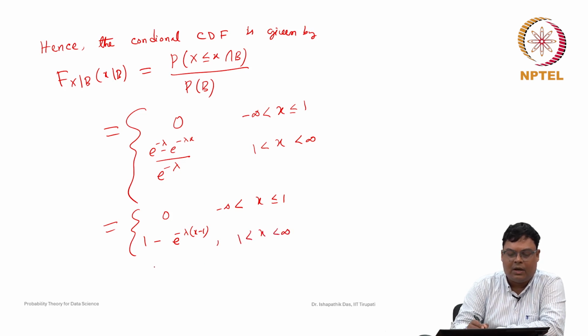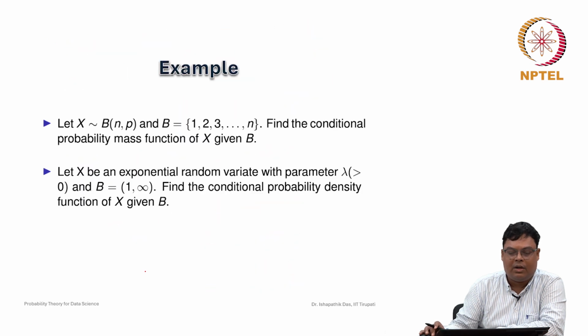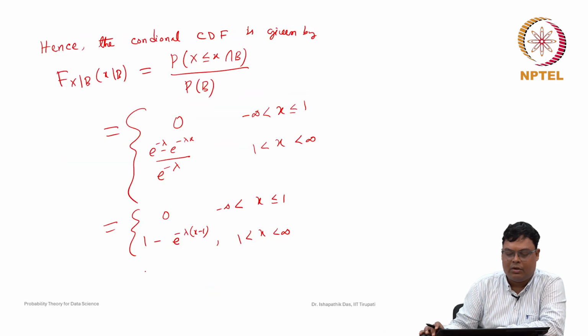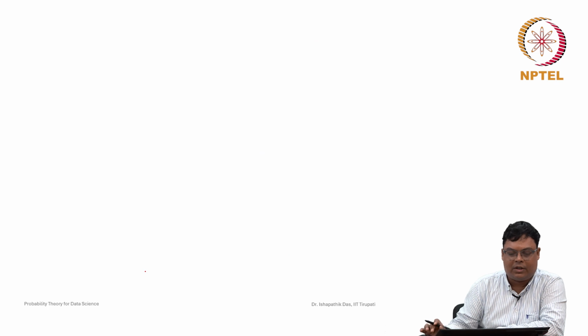So, this is the conditional probability distribution function for X given B. Now, in the question it is asked what the conditional probability density function of X given B will be. So, now what we have to do is just differentiate it with respect to x.